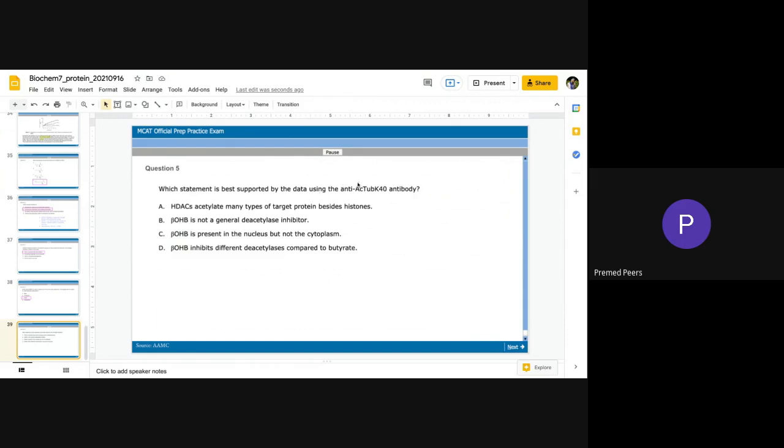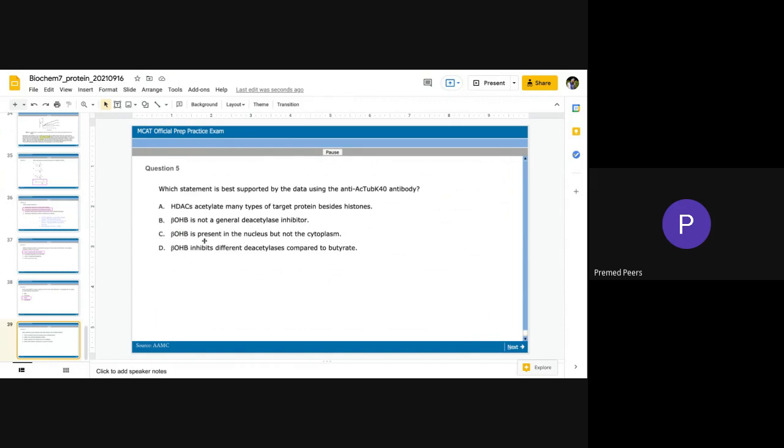And then the next question asks which of the following statements is best supported by the data that is using the anti-acetyltubulin, which is the antibody against acetylated lysine at position 40 on tubulin. So the answer choices are: HDAC acetylates many types of target proteins besides histone. Beta OHB is not a general deacetylase inhibitor.